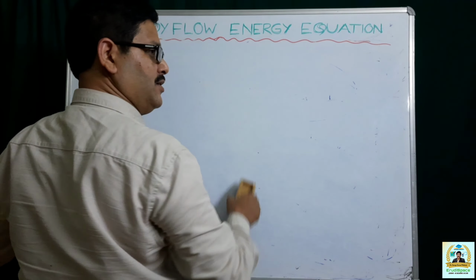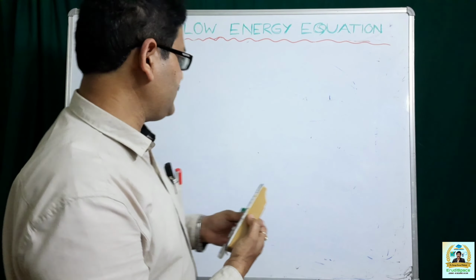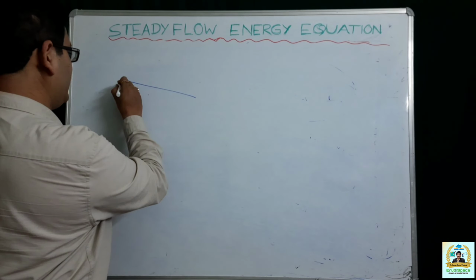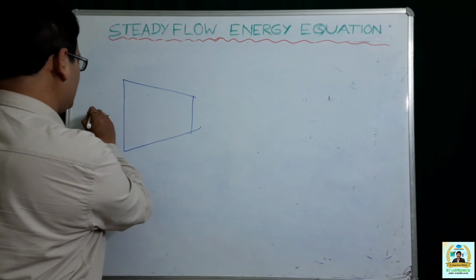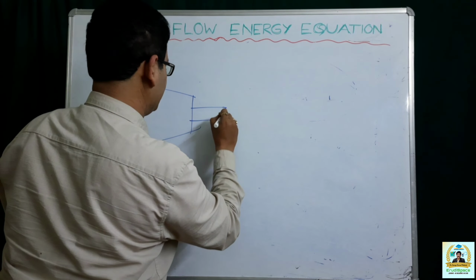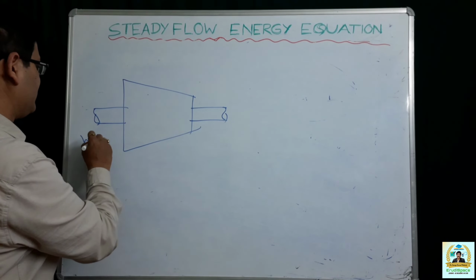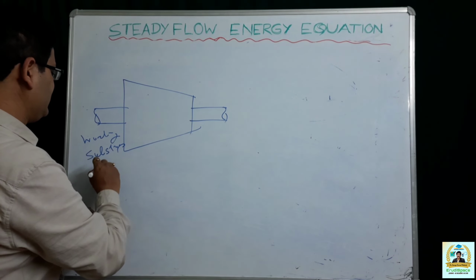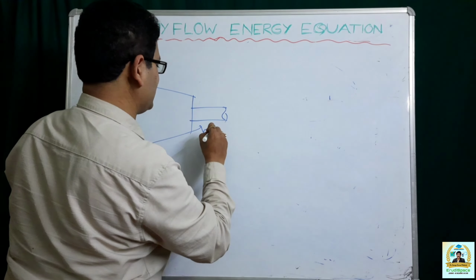In compression, work is done upon the system. So what is happening in case of a compressor? Let us see. Here again the working substance is entering and it is leaving; this is your working substance in, and this is your working substance out.